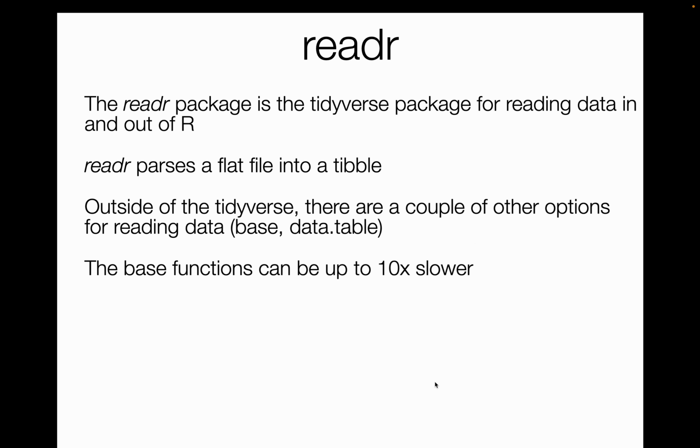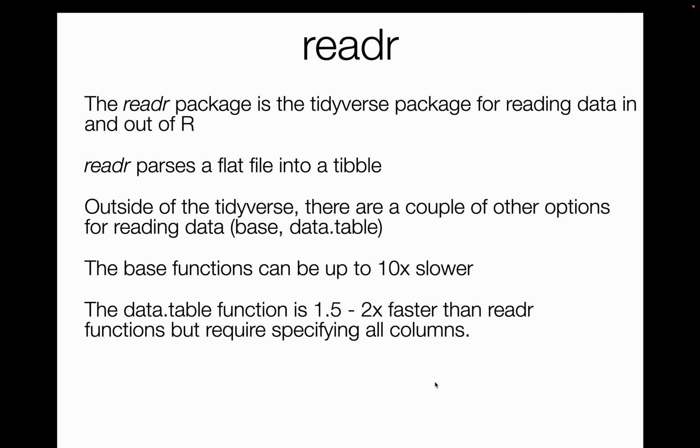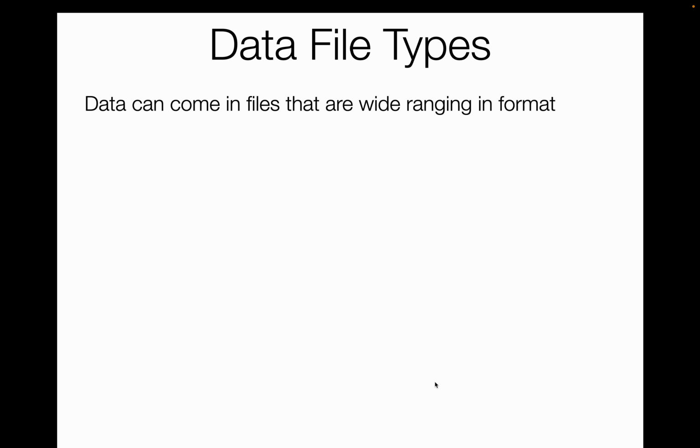But as it scales up, the base functions being 10 times slower actually leads to a visible delay between the two functions. And of course, we're interested in doing things fairly quickly. So anyway, the readr functions are good. And then data.table is usually a little bit faster than readr, but it is a pain in the butt, sort of.